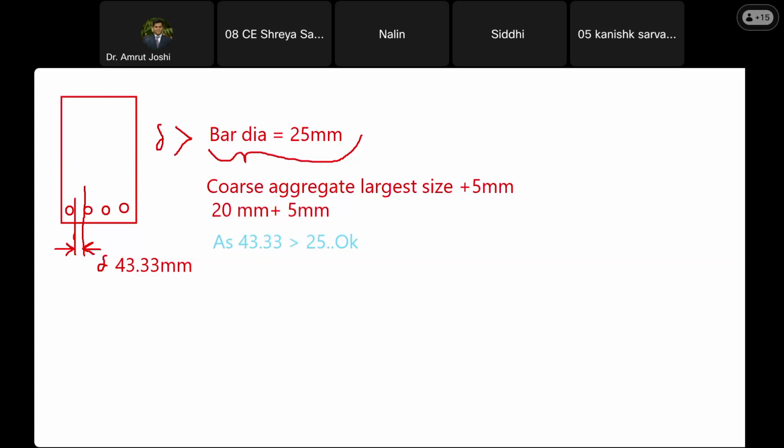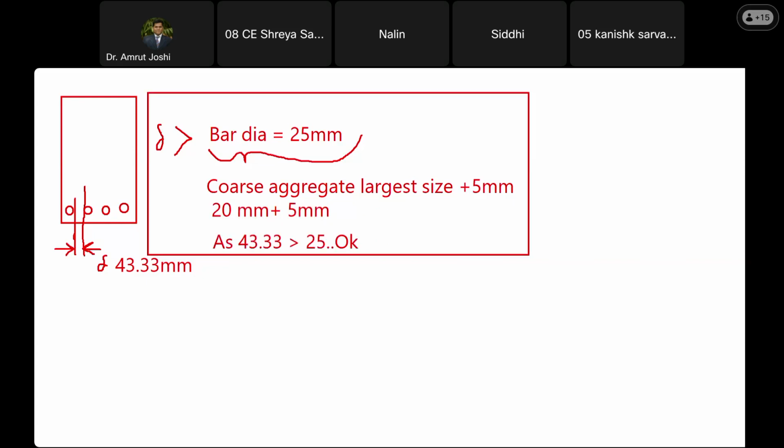So what is the reference clause for whatever we have done till now? Let me also mention the reference clause. That is 26.3.2.